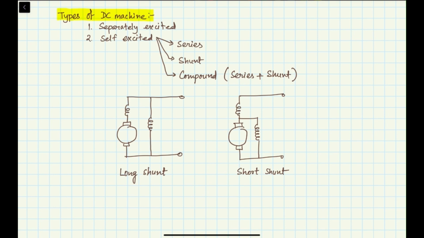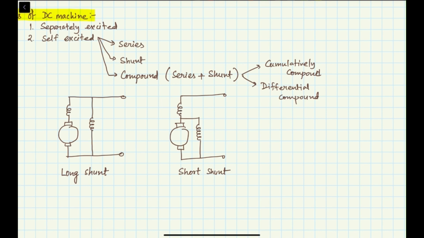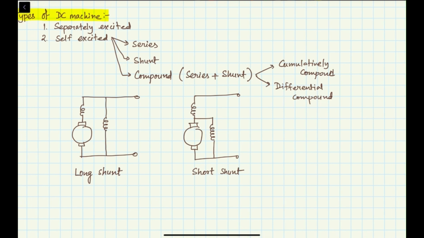Now in this compound type of machine there are another two categories. One is cumulatively compound and the other is differential compound. Now what are these two types? In cumulative, the flux generated by the series and shunt gets added up.